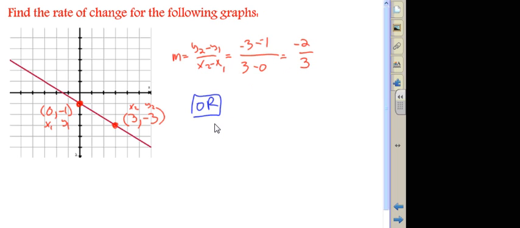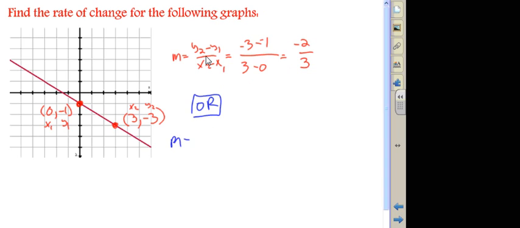So I do my slope, m equals y2 minus y1 over x2 minus x1. Type those numbers in. Negative 3 minus a negative 1 over 3 minus 0. Type that in your calculator, you'll get negative 2 over 3. Make sure that reduces. It doesn't reduce, so we're done with that. That's the answer.